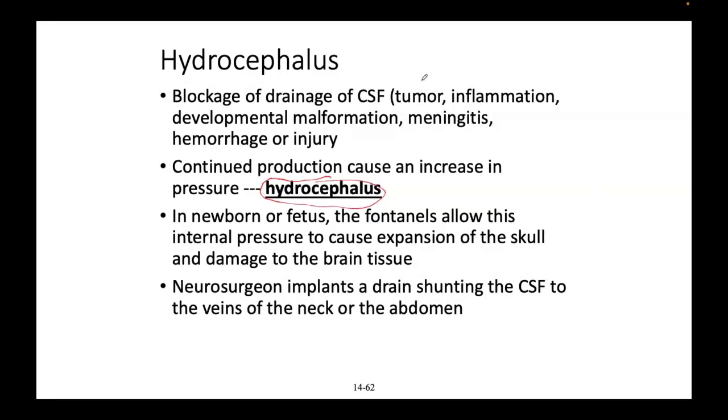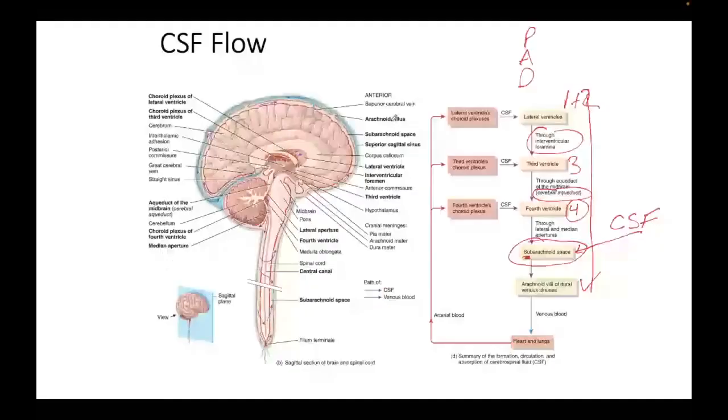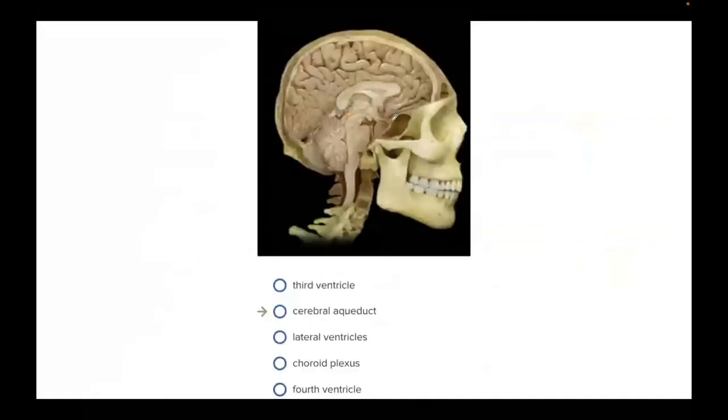Now, what can cause blockage? Any type of malformation of the bone, any type of birth trauma, if there's a tumor, if there's inflammation, any type of developmental malformation within the brain or in the bones, meningitis, these can all create some sort of blockage within this system. And now things can't flow.